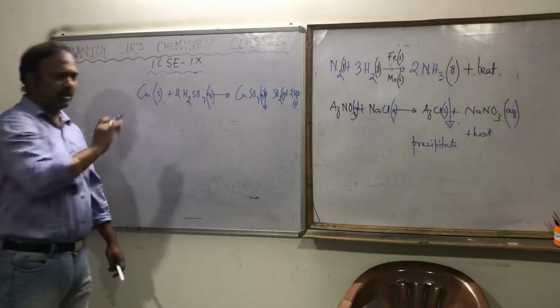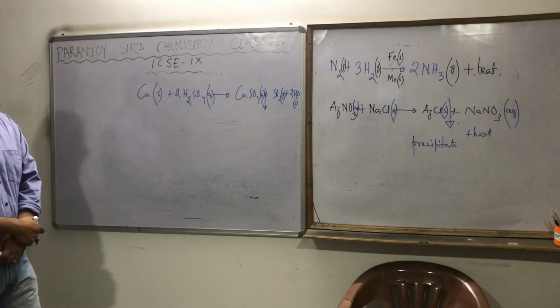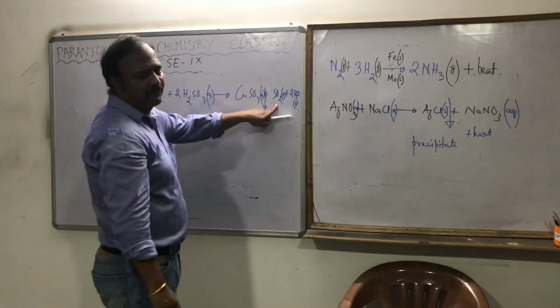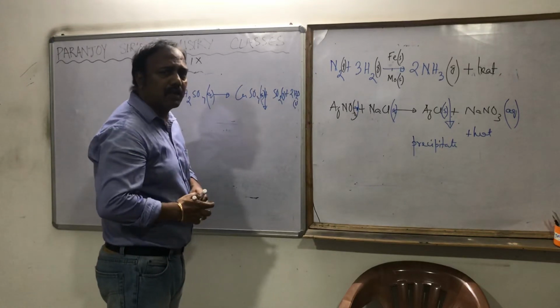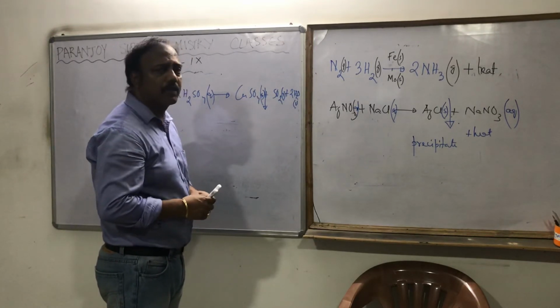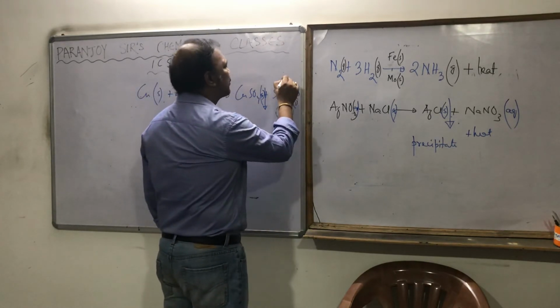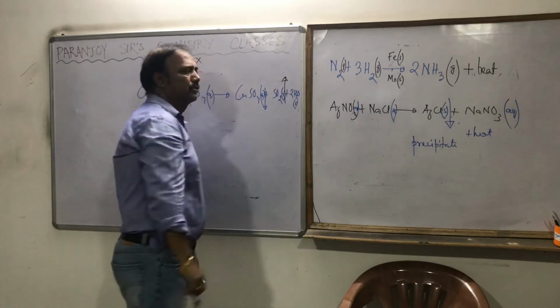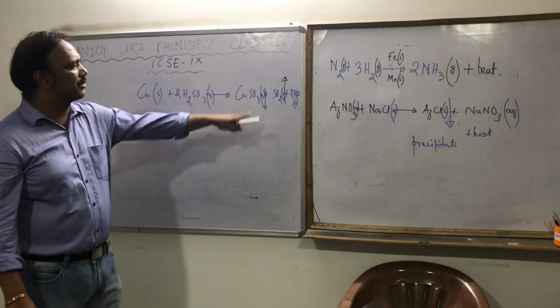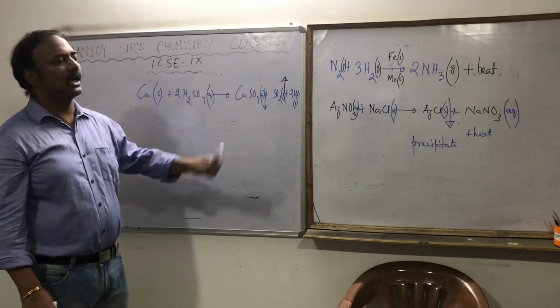So here one of the products is a gas, which is sulfur dioxide. If any one product or more than one product is gaseous, then that is represented by an upward arrow. So you understood the difference between the downward arrow and the upward arrow.